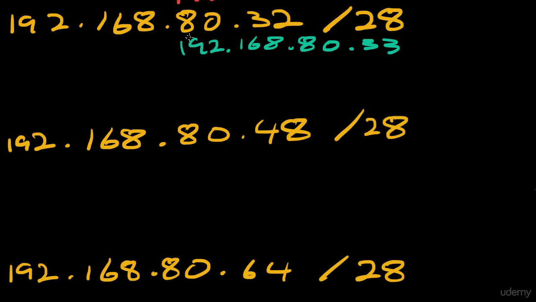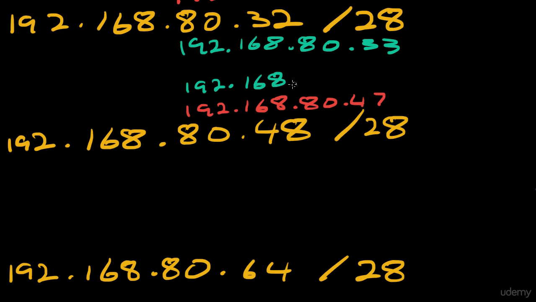So the directed broadcast IP for the 80.32 network is 192.168.80.47. The last valid IP is therefore 192.168.80.46.